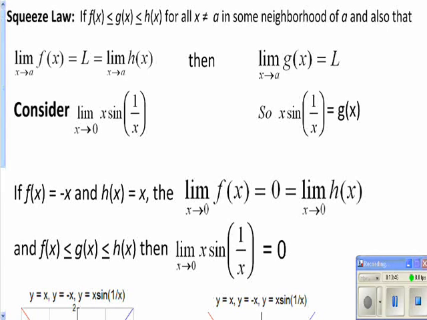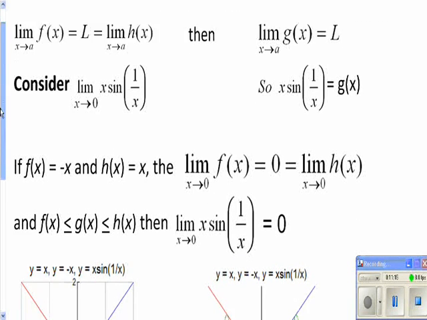Now we have the squeeze law. If f is always smaller than g and g is always smaller than h in a particular neighborhood, and you happen to know the limit as x approaches a of f is L, and you know the limit as x approaches a of h is L, well, therefore, you can imply that the limit as x approaches a of g is also L. Because if you know your two outer limits, and they're both the same thing, the center limit would have to be that.